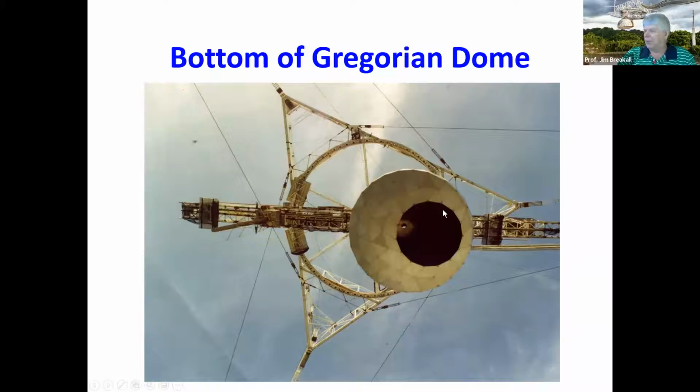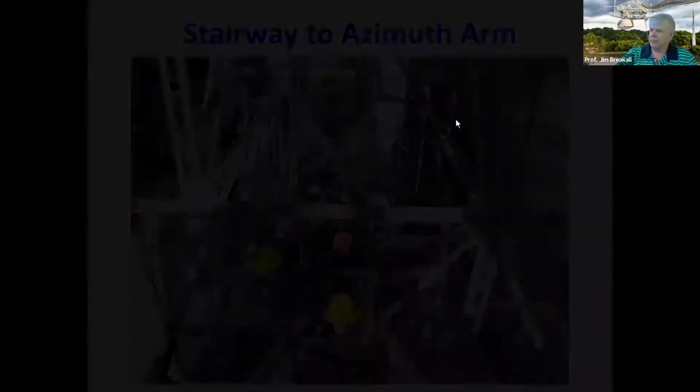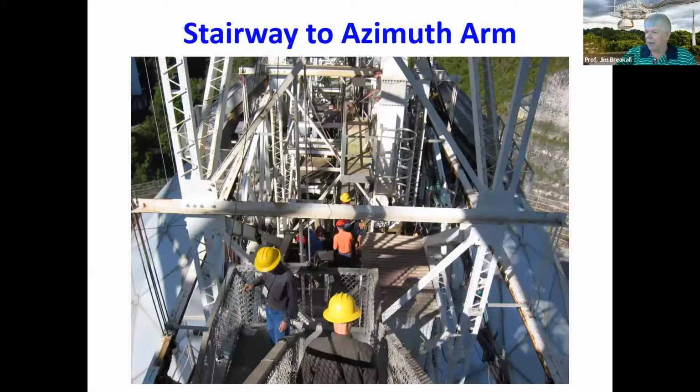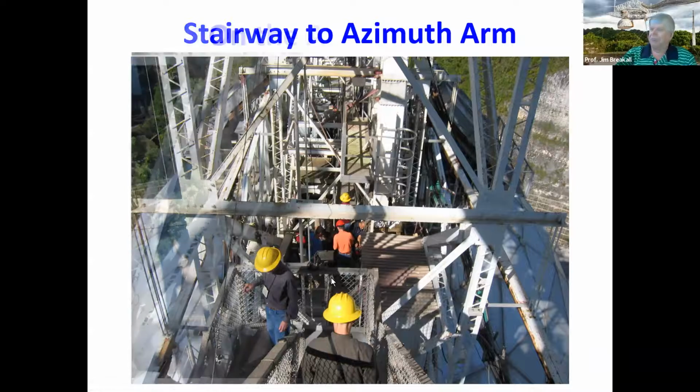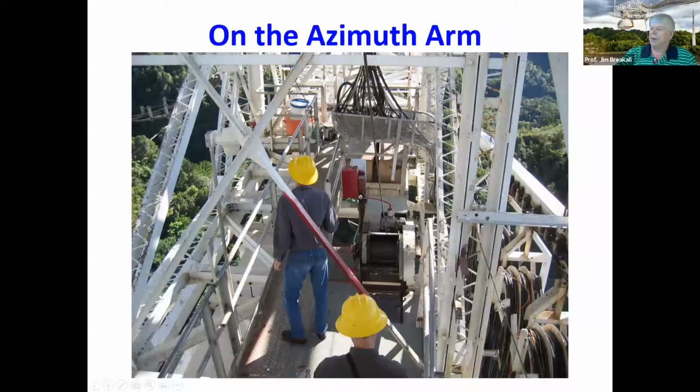So all the rays from the dish would go through this hole and then go into the secondary mirror and the tertiary mirror and then to the focal point. You can see the arm here and how things can move up and down and rotate around. And on that arm, there's stairways, and there's my students walking down. There they are standing along the arm. And then the Gregorian dome is fastened to that right below here.